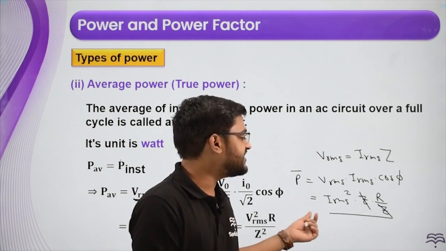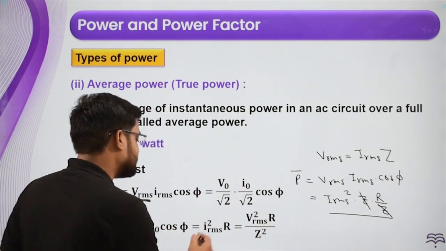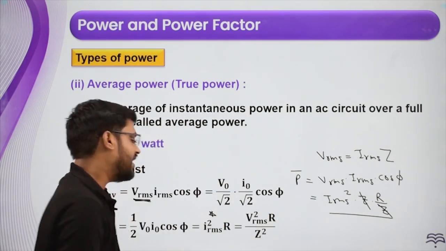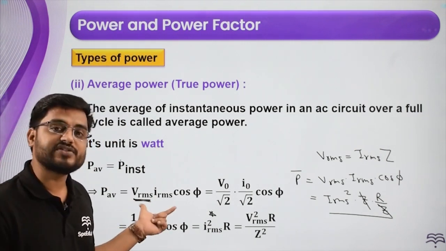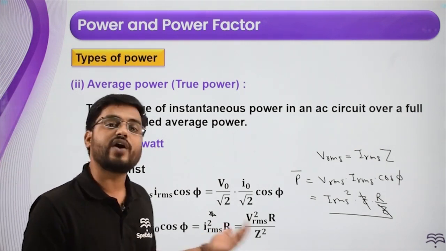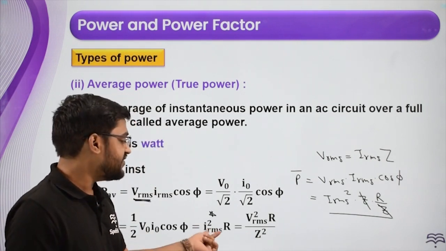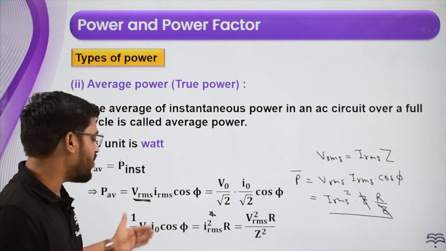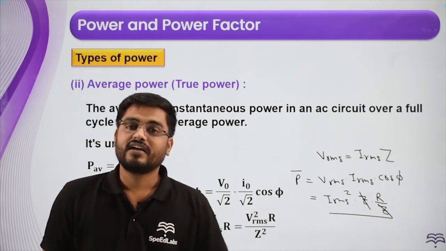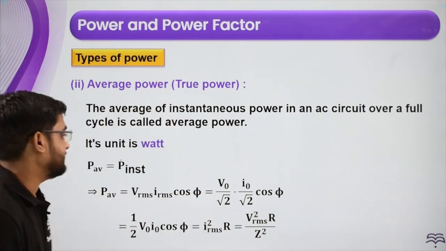So this expression is also important for true power. So average power is Vrms Irms cos phi, or Irms square into R, or if we are using V square, then the Z also comes. Later we are going to discuss how these things are getting converted into each other.